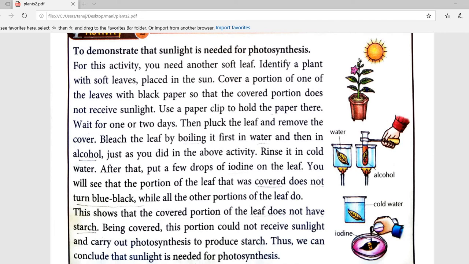As I already explained, the roots go deep and deeper inside the soil to search for water. Similarly, the leaves and branches of the plant move towards the sun and grow towards the sun. After a few days you can see the plant come out from that hole.